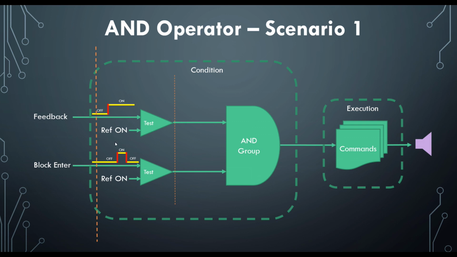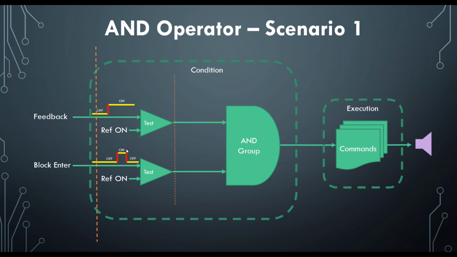And if we look at these two state maps, the only place where that occurs is here. So we can already say that this will be the trigger point for the execution of the sound file, because this is the only place where both of the states are on at the same time.